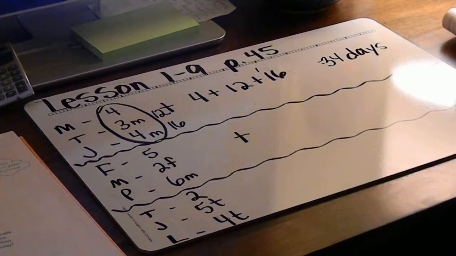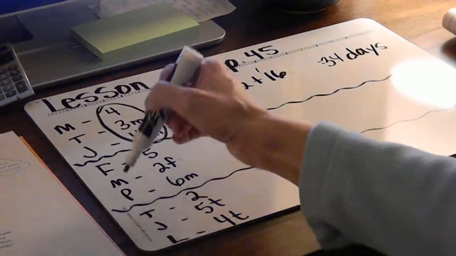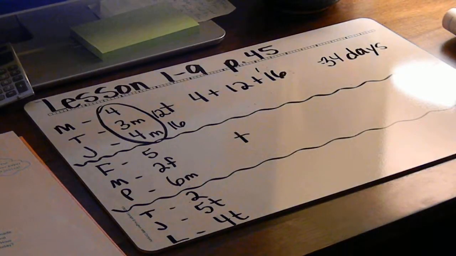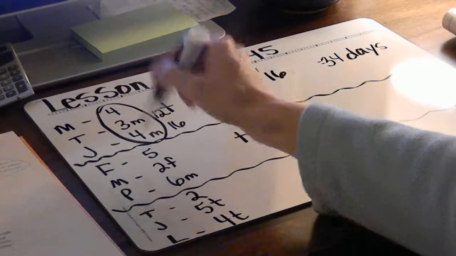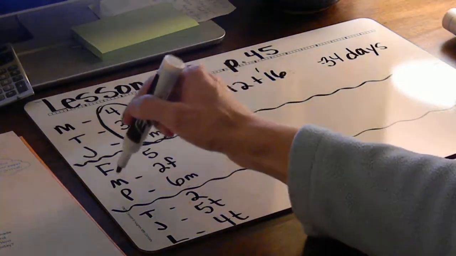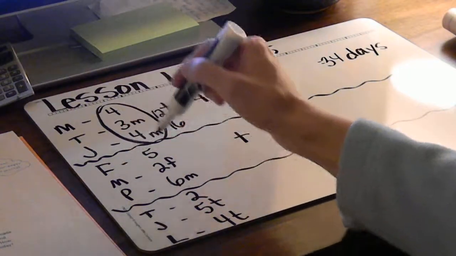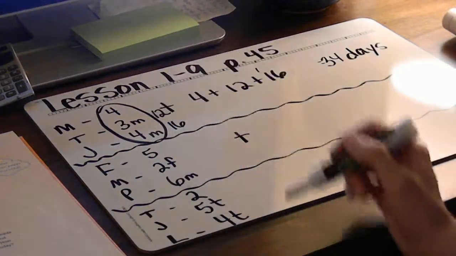First thing I need to do is I want to have some letters that stand for my different characters in this story problem. In this case, we have an F for Fallbrook School, an M for Mapleville School, and finally we have a P for Pinewood School. I also wrote down the information I know. Fallbrook School has 5 computers. I know that Mapleville School has twice as many as Fallbrook has.